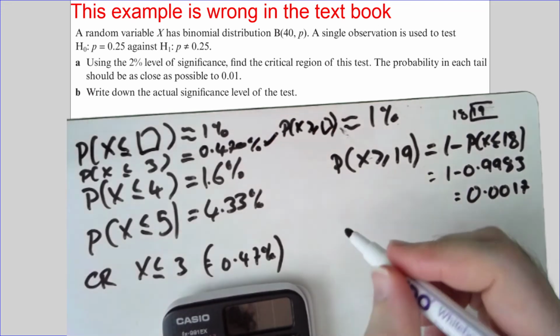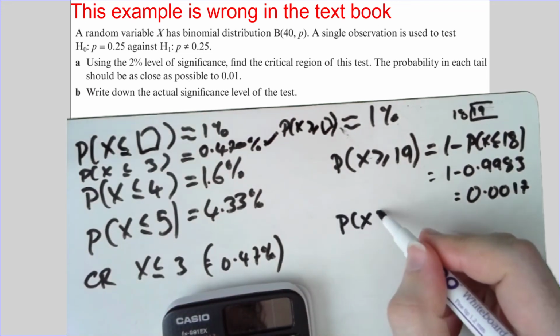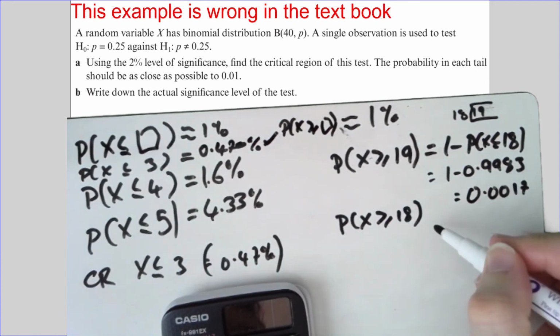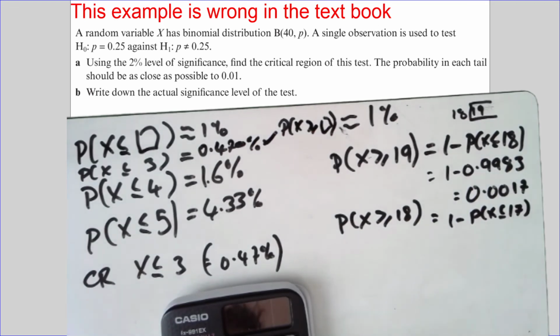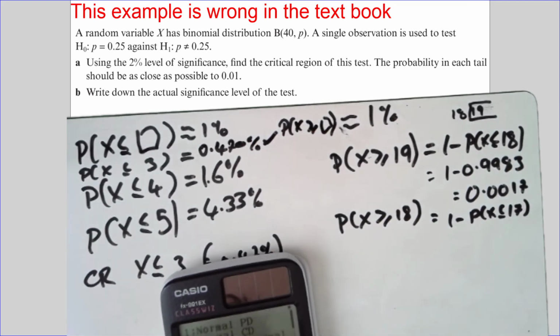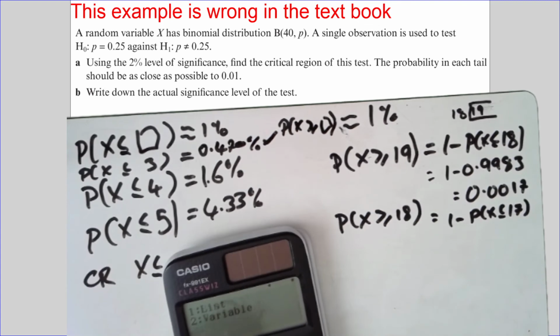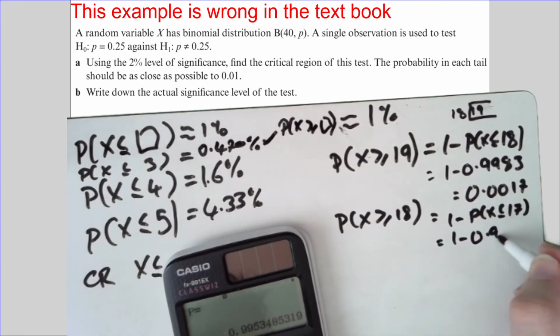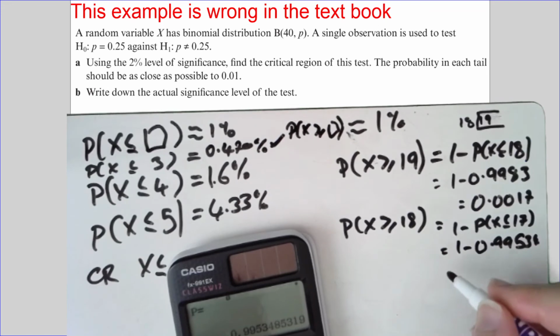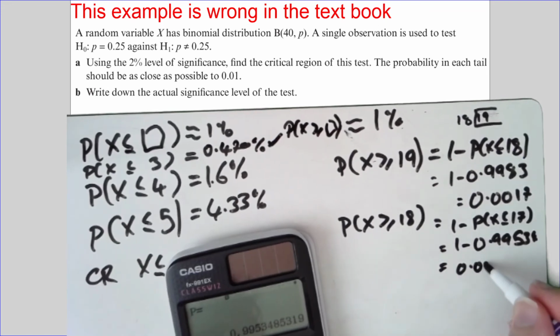We should also go one more this way, so probability x is greater than or equal to 18, which is 1 minus probability x is less than or equal to 17. If we key in 17, we get 1 minus 0.99534, which is 0.00466.